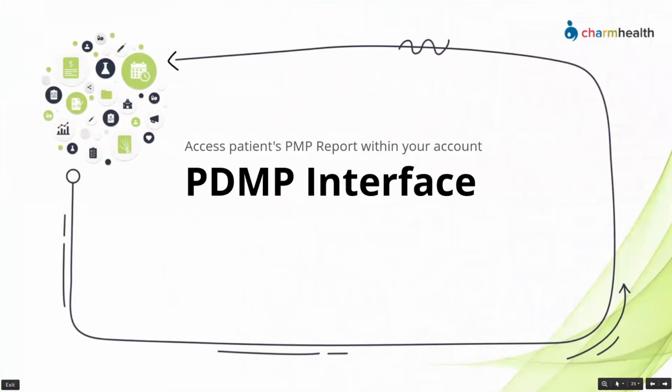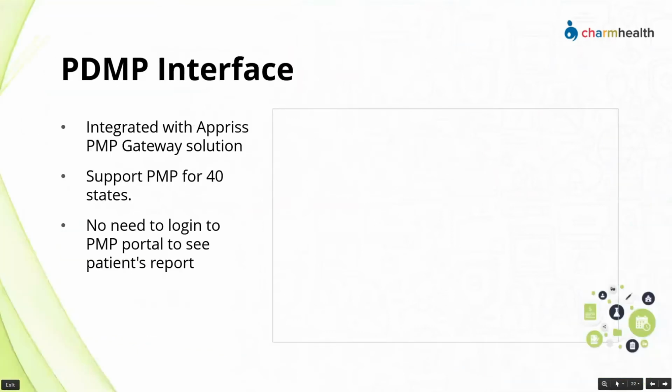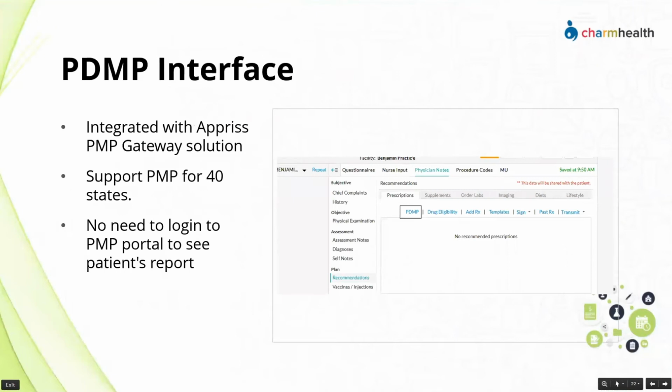So we do have a PDMP interface. And this is an interface with APRIS, and APRIS connects to all of the different states' PMP databases. So once you are integrated with APRIS, it is a one-time $100 fee for each provider.